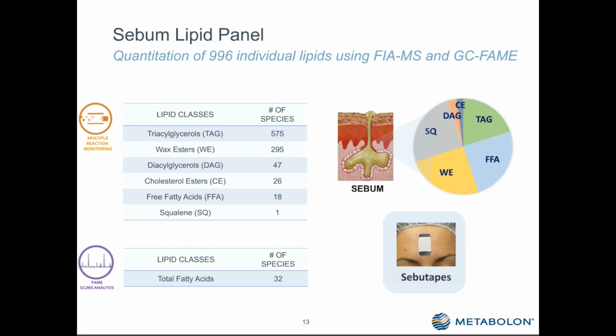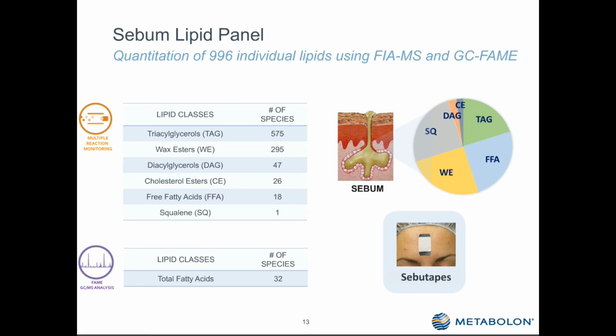We have a separate lipid panel for sebum because if we look at the lipid composition of sebum, it has a very different composition. Sebum is composed predominantly of triacylglycerol, free fatty acid, wax ester, and squalene. So if we run the sebum sample on the complex lipid panel, we will be missing out on information such as squalene and wax ester because those are not monitored in the complex lipid panel.